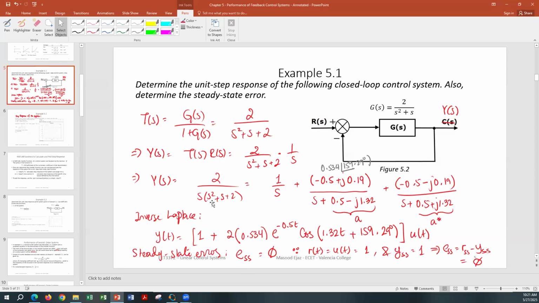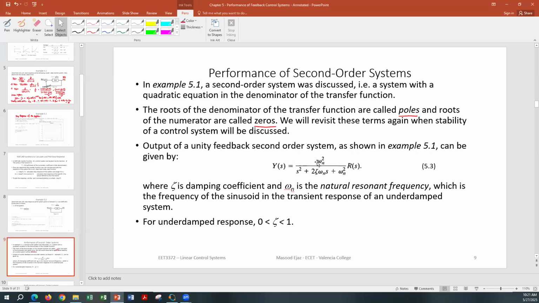2 over s square plus s plus 2. This is our expression. So Y(s) is 2 over s square plus s plus 2, right? That's Y(s). R(s), of course, is a unit step function.